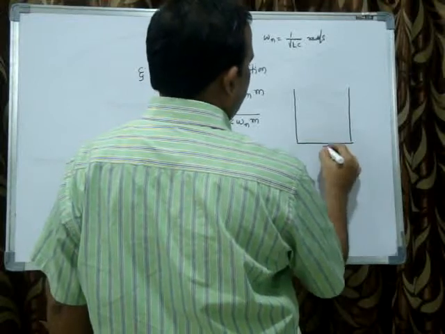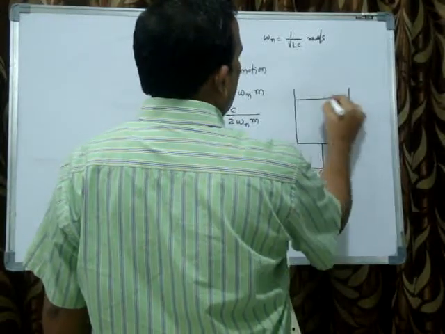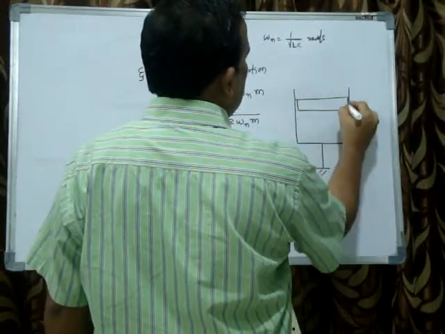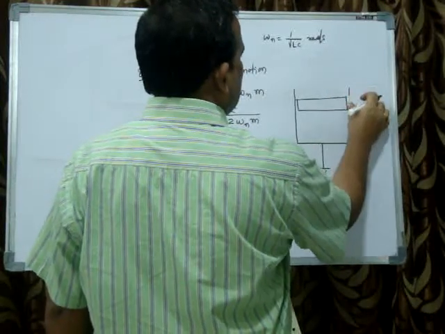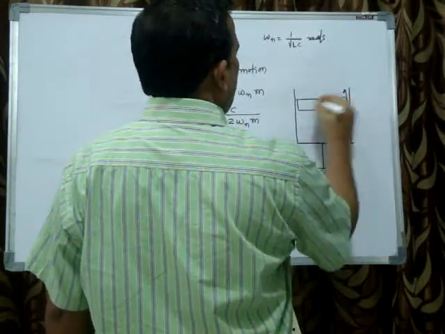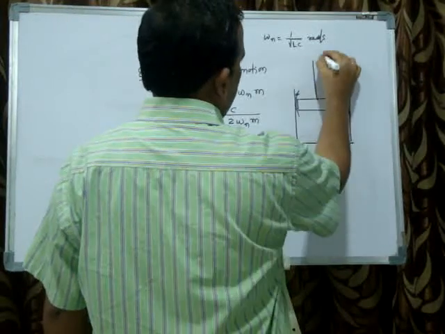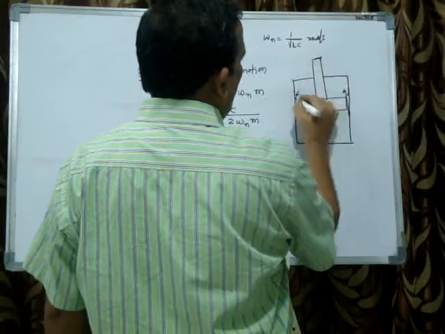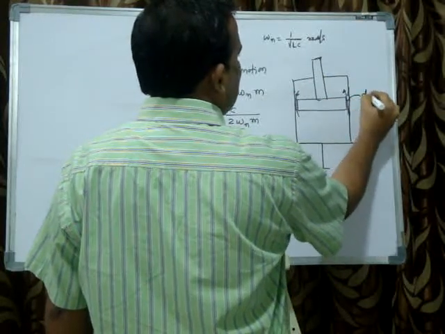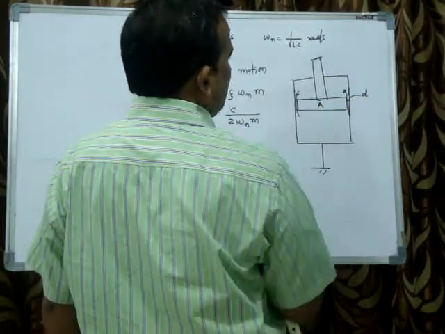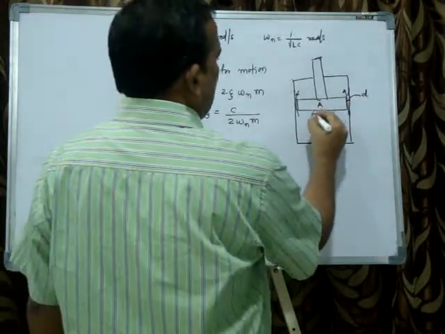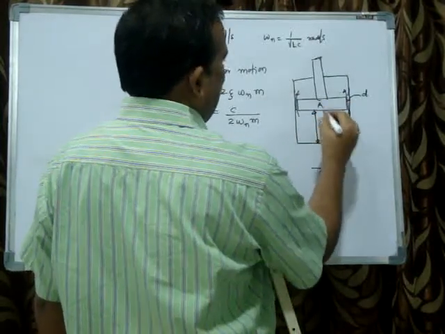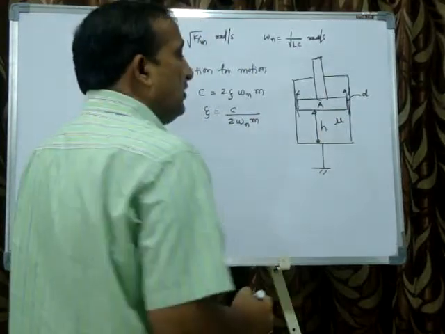Suppose this is a piston and here a cylinder. This is a clearance, a small clearance. This is very important. Oil goes up and comes down through this small clearance. Say the small clearance is D, the area of cross section is A, this height is H, and the viscosity of the oil is mu.